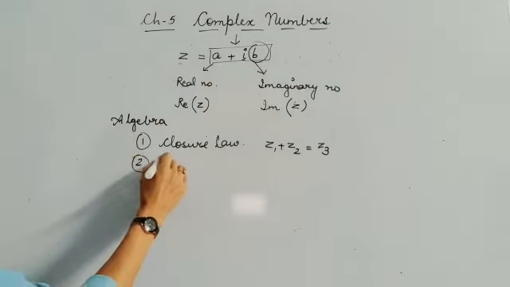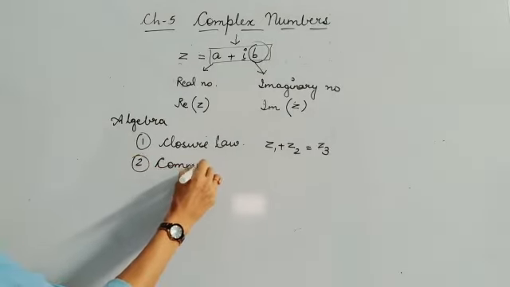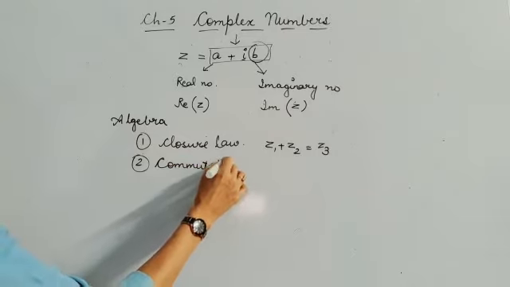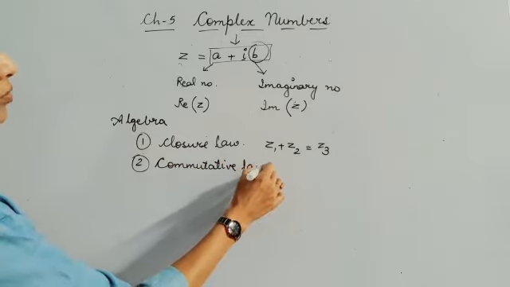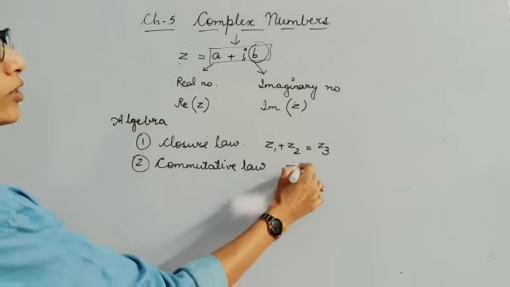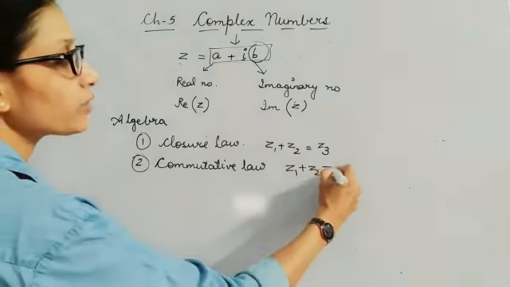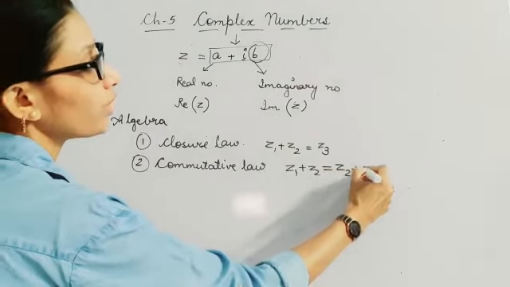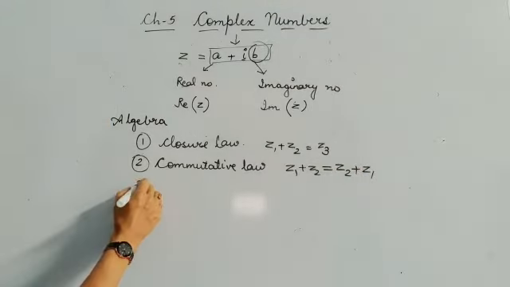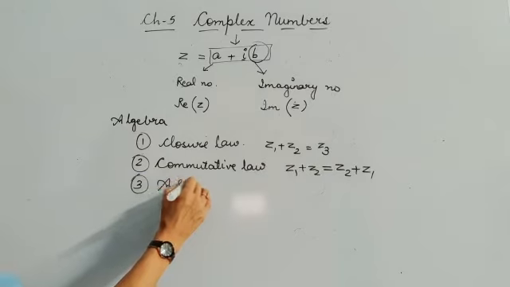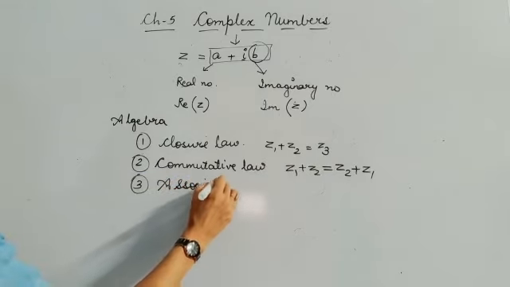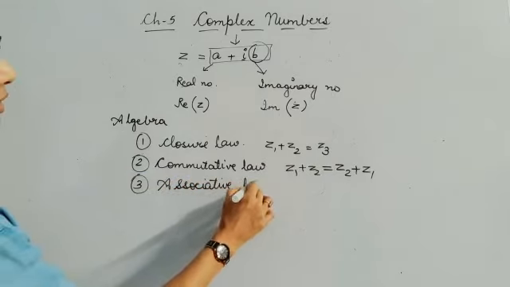Secondly, it satisfies the commutative law, which says if you are adding two complex numbers, you will get the same result if you change their order. Third, it also satisfies associativity. That means the associative law is satisfied.